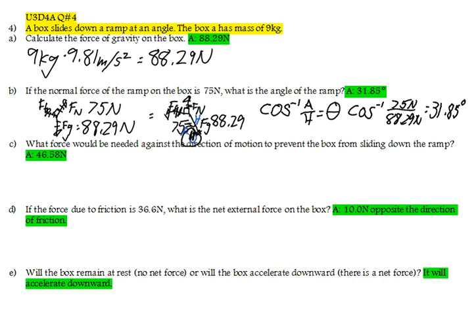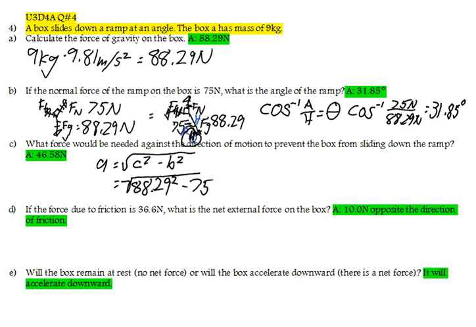Well, in this case, we have two sides of the triangle already, and that means that we can use the Pythagorean theorem in order to solve for the third side. So in order to find what that third side is, if this is A, B, C, A would equal the square root of c squared minus b squared, and in that case c squared is our hypotenuse squared, which is 88.29 squared, minus 75 squared.